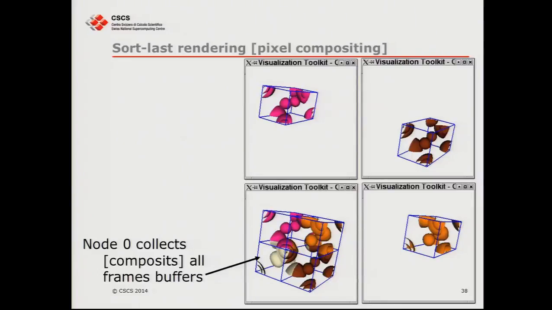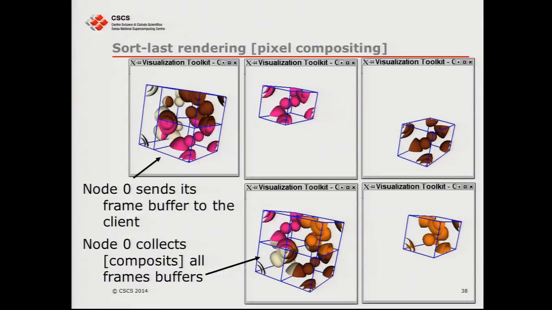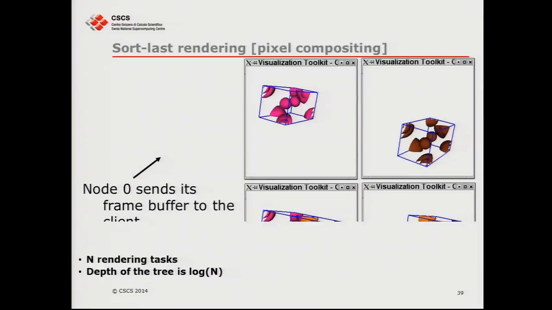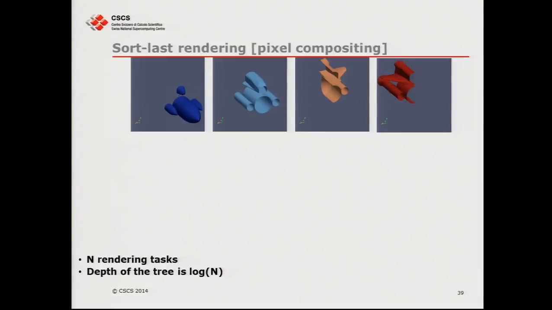What does that mean? We don't send polygonal objects, we only send pixels to the client. So this is very fast. The client here would receive exactly a frame buffer copy of what was generated in parallel. This is how it works.